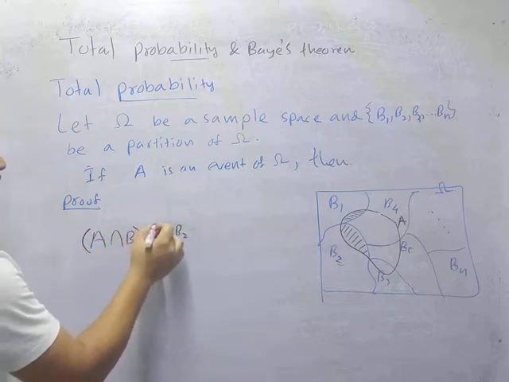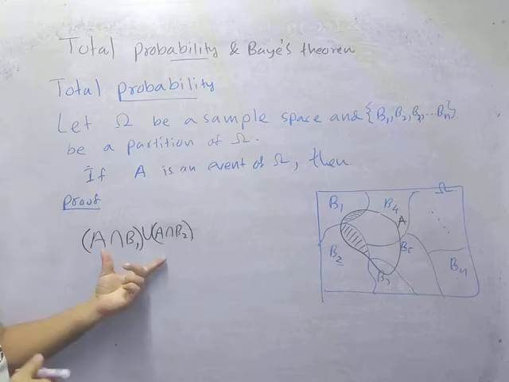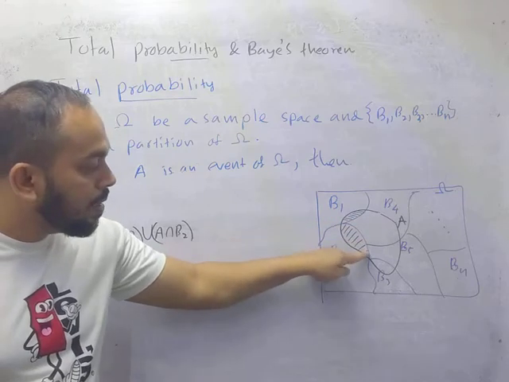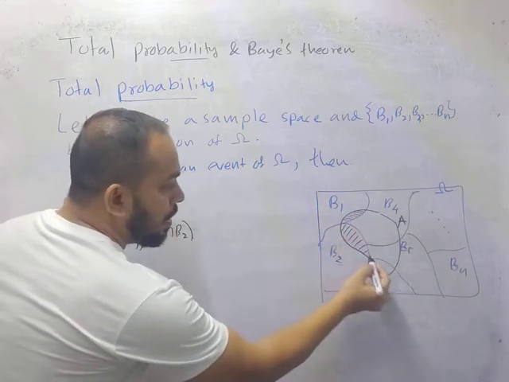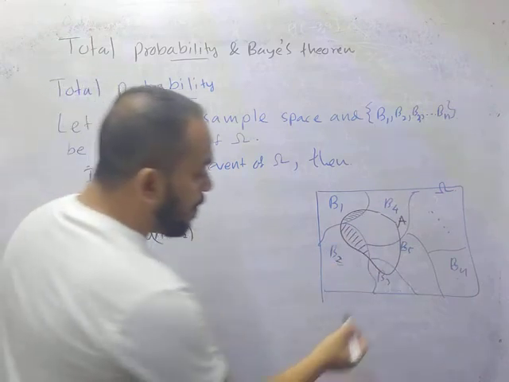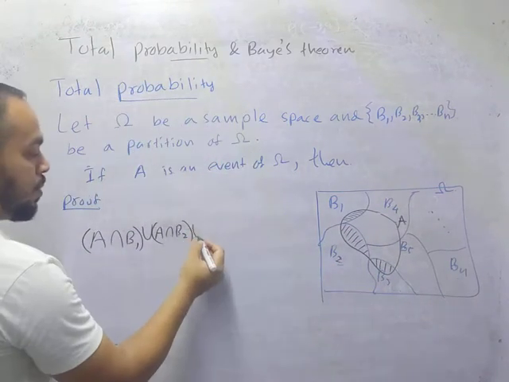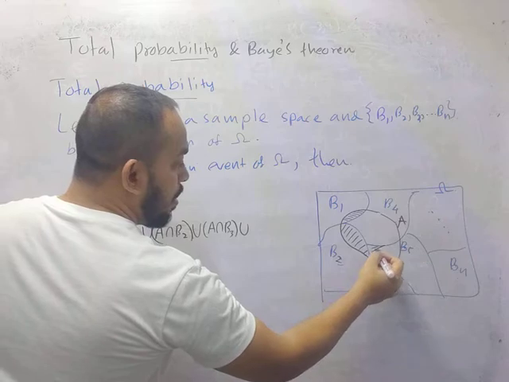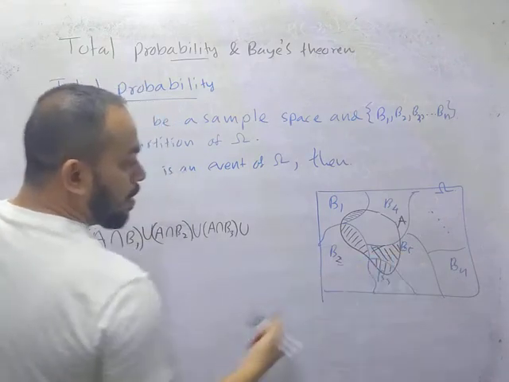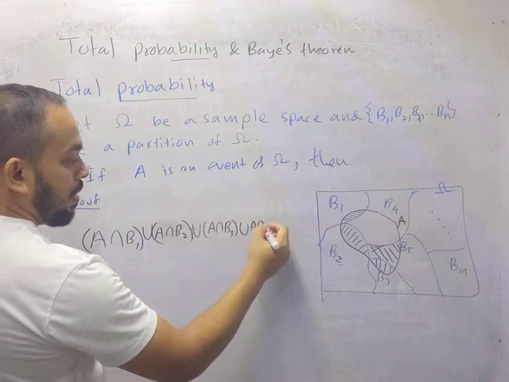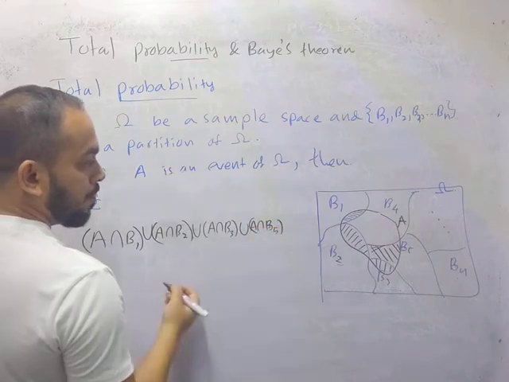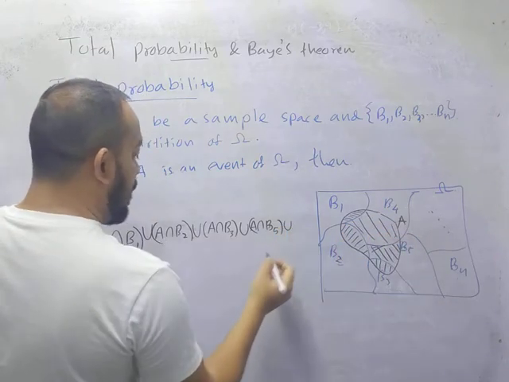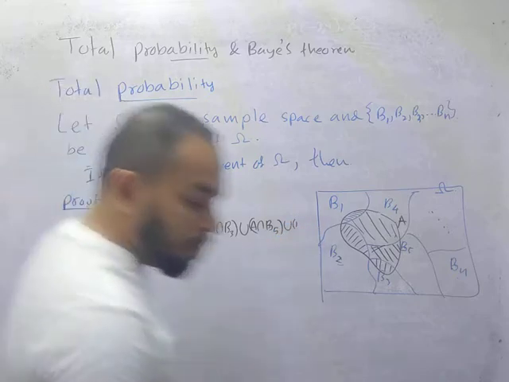If I take the union between these two sets, union means making the complete region. We can add this too: union A intersection B3. Then we can take this as well, part of B5, A intersection B5. Then B4 as well, union A intersection B4.